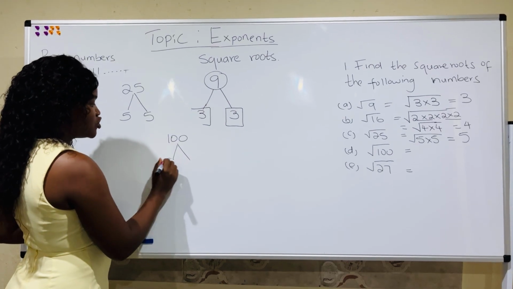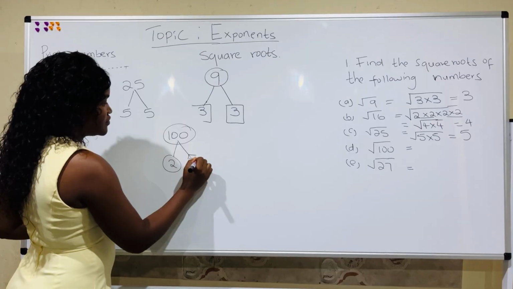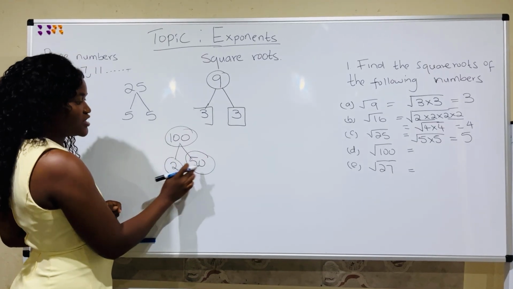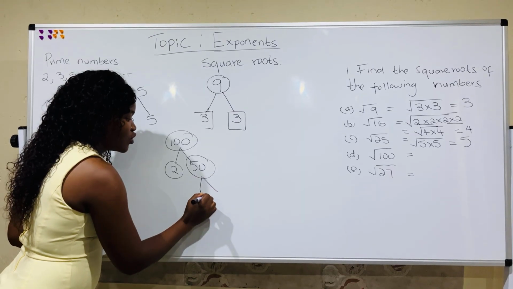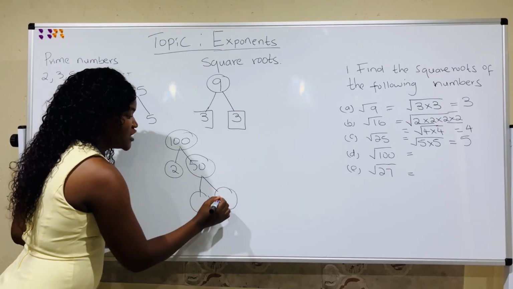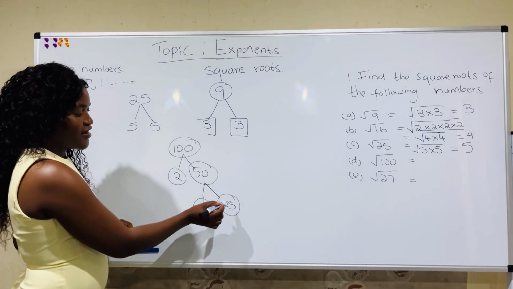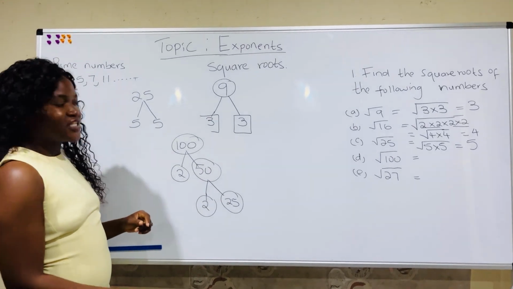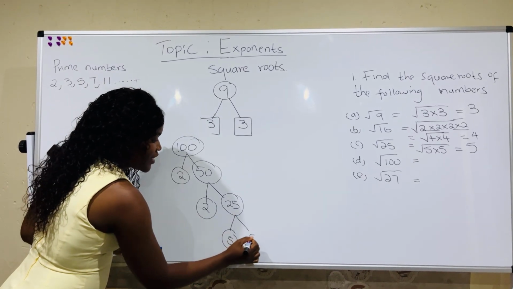100 divided by 2 is 50. So that means 2 multiplied by 50 is 100. And then for 50, it is 25 multiplied by 2. And then 25 is 5 multiplied by 5.